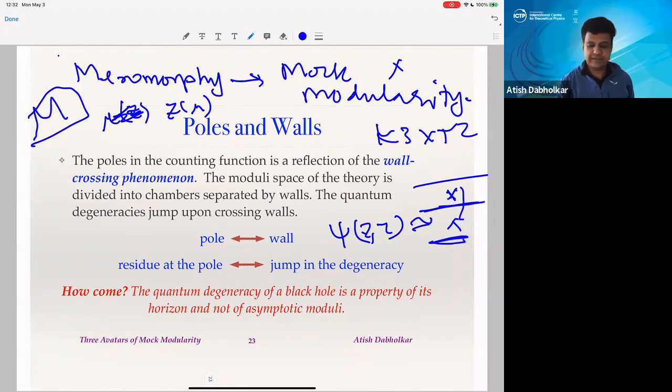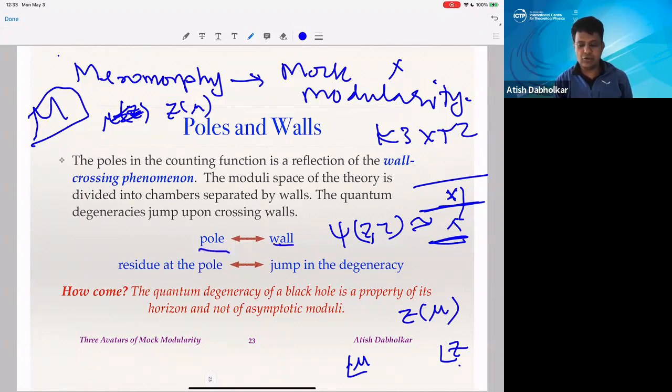Okay, am I clear here? So there is a mu space and there is a Z space. Mu space is the moduli space of your compactification. Z space is, Z is just some chemical potential corresponding to some charge. What happens is that one can actually figure out an exact map between Z and mu, such that when you cross a wall in the mu space, you cross a pole. So poles get related to the walls. And the residue at the pole gets related to the jump in the degeneracy.